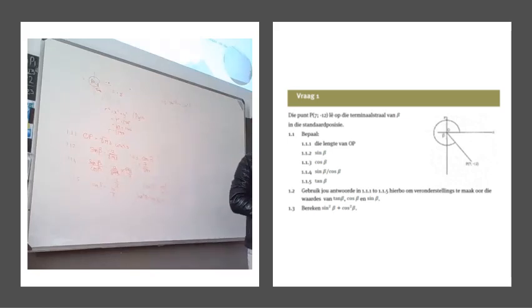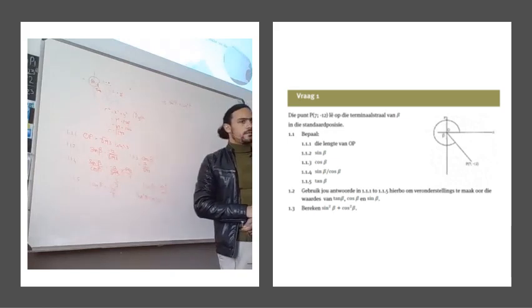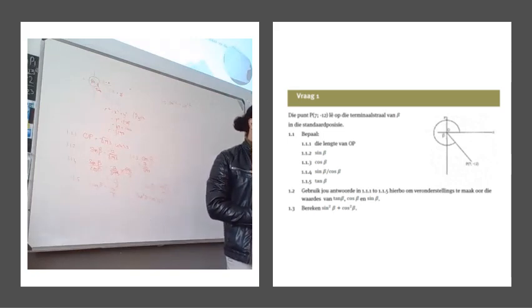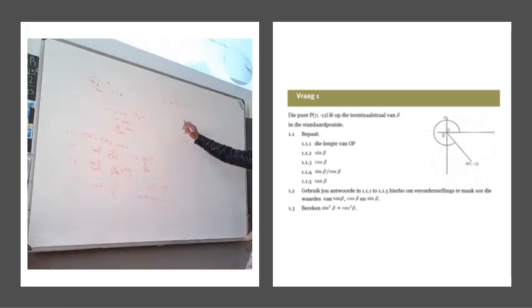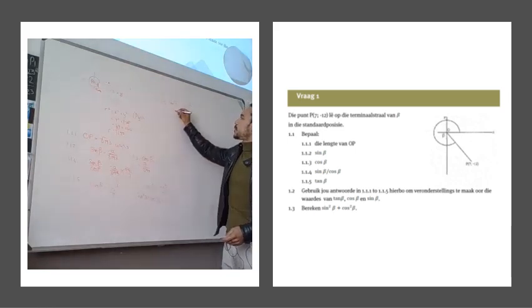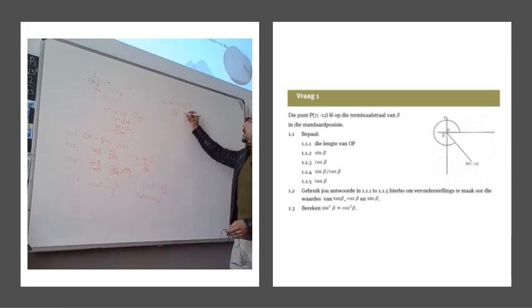Now at 1.3, we need to determine or calculate this. So what is sine of beta? Sine is negative 12 over square root of 193, but this is sine beta squared, plus cos of beta will be 7 over square root of 193. Then we square that as well.